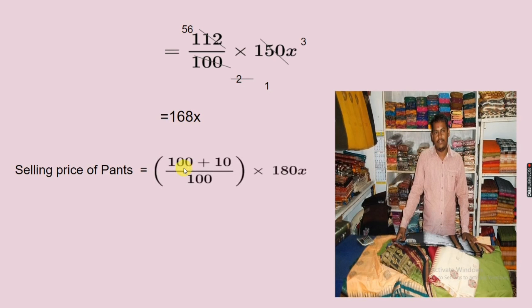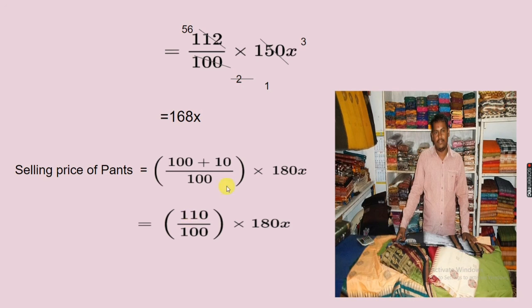Now, the selling price of pants. Again we have the same formula, 100 plus profit. Here the profit is 10%. So, (100 plus 10) upon 100 multiplied by the cost price of trousers. The cost price of trousers was 180X. Adding them, we got 110 upon 100 multiplied by 180X. 0 got cancelled with 0.